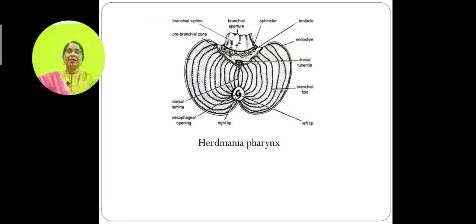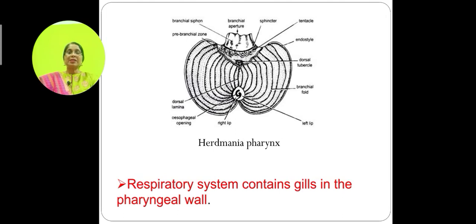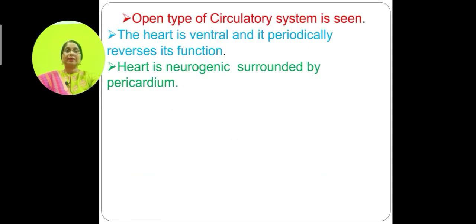This is again the structure of Herdmania, showing the pharyngeal region or pharynx. The respiratory system contains gills in the pharyngeal wall. Generally, the pharynx is a part of the digestive system, but here because of the presence of gill slits, it also helps in respiration. An open type of circulatory system is present, and the heart is ventral and periodically reverses its function.